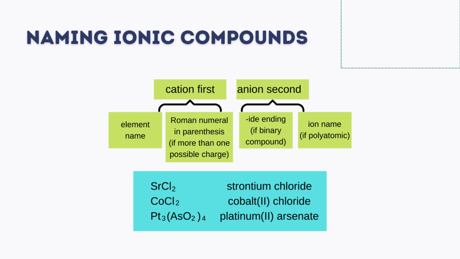Roman numerals are additionally used to indicate the charge of the cation. In the example of strontium chloride, the compound is named after the constituent ions strontium and chloride, with the strontium having a charge of positive 2 and the chloride ion having a charge of negative 1.